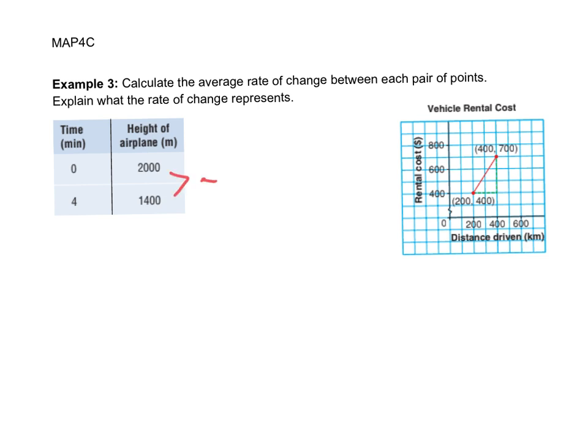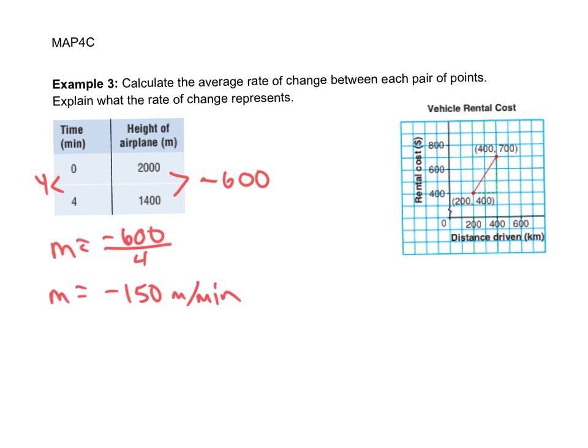We're going to assume that it made a gradual decline from there, so that it was gradually decreasing over 4 minutes. It went down 600 meters, or it decreased its altitude at a rate of 150 meters per minute between 0 and 4 minutes.